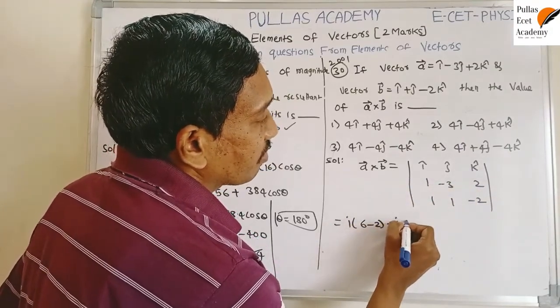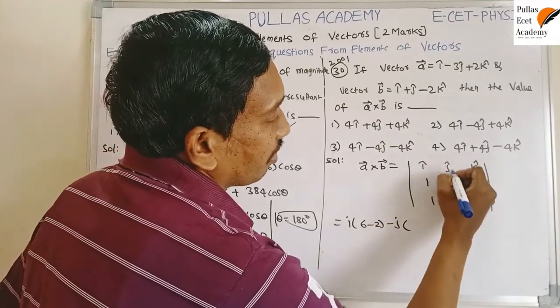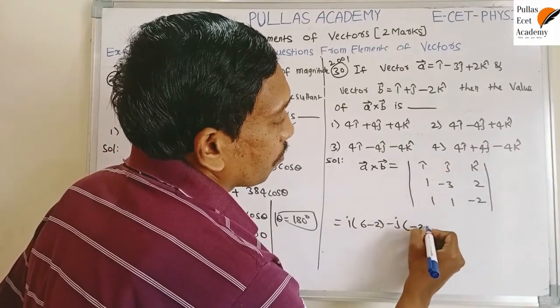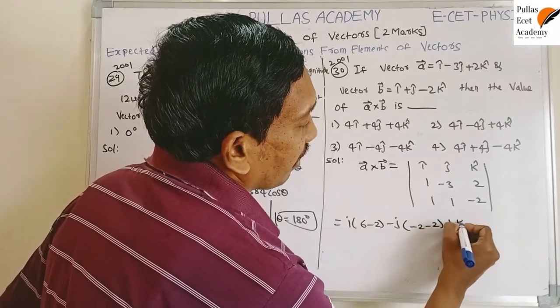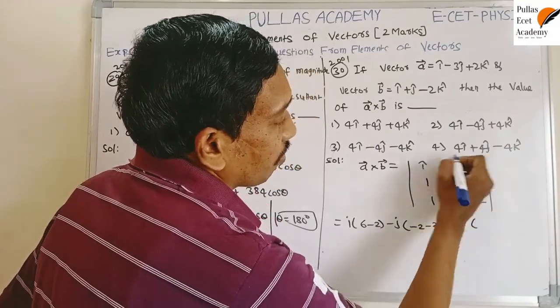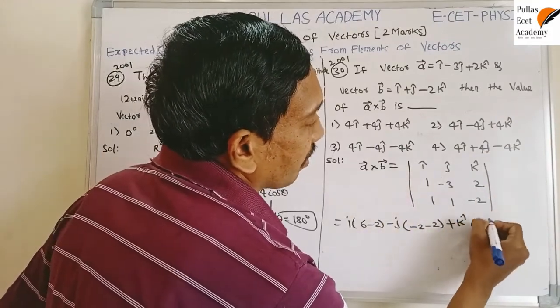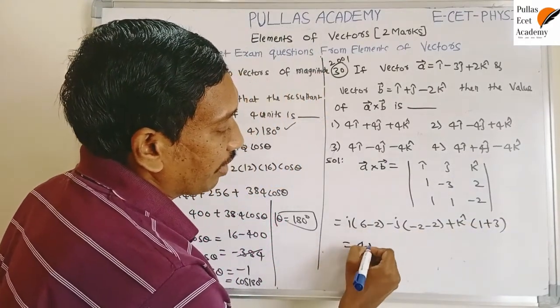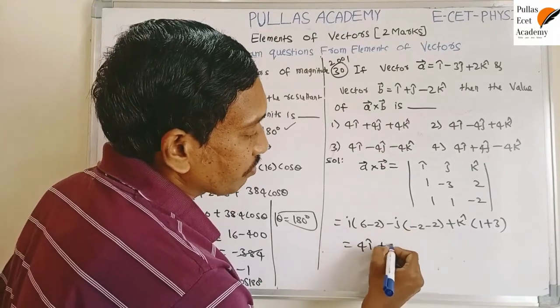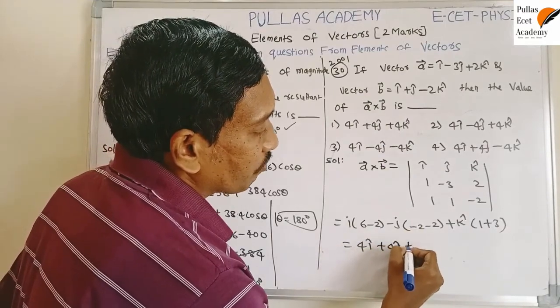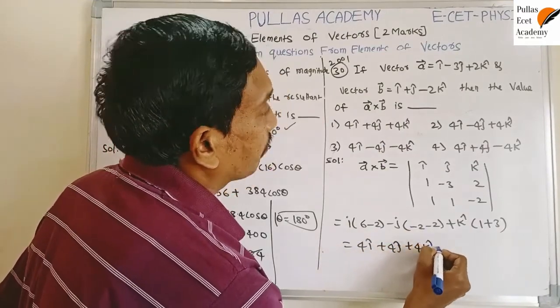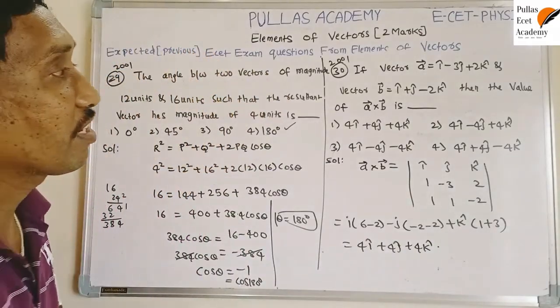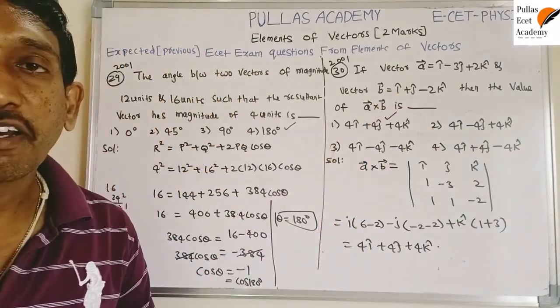Next, minus j into minus 2 minus 2, next plus k cap into the same procedure. So finally you get 4 i cap plus 4 j cap plus 4 k cap. So this is the answer. Which is correct? The first option is the correct answer.